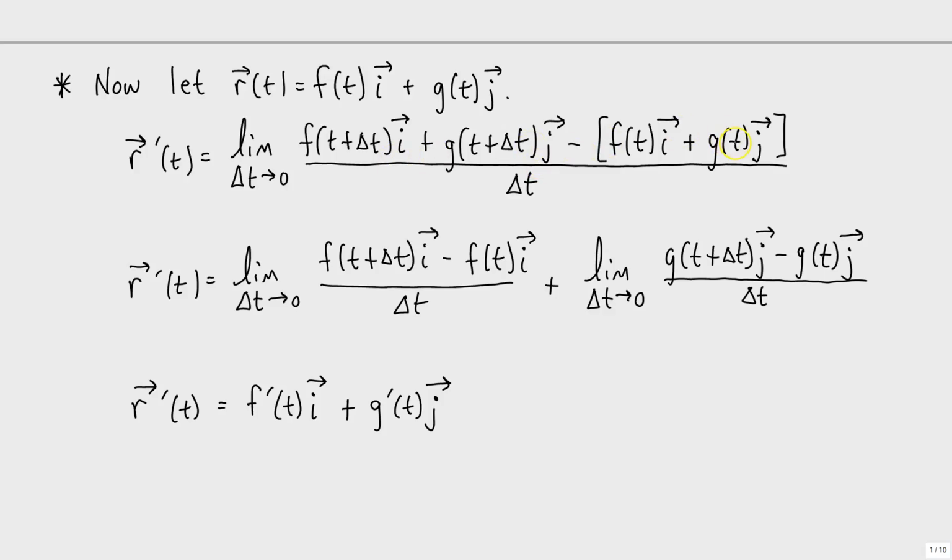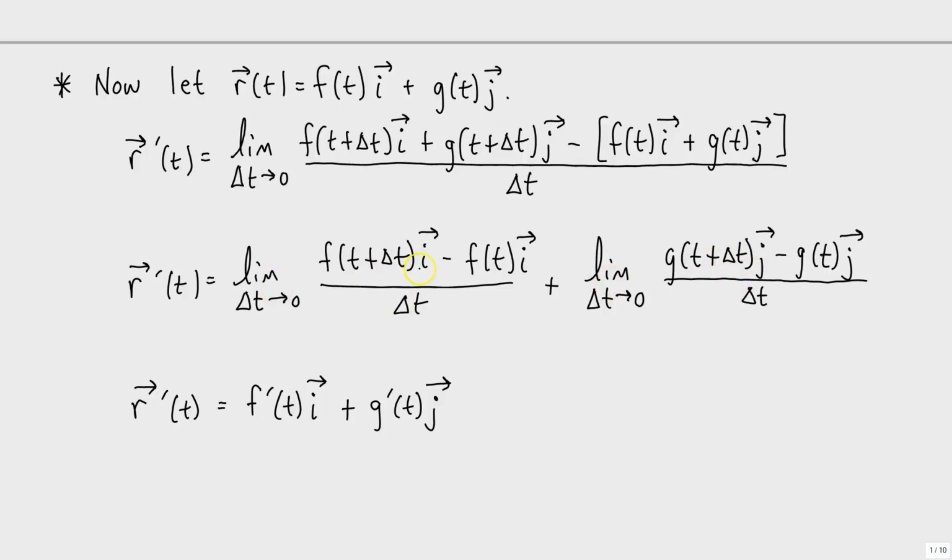Well, if you distribute this negative and use the commutative property, we can rearrange it to where we have f evaluated at t plus delta t minus f of t all over delta t, plus g evaluated at t plus delta t minus g of t all divided by delta t. And using our limit laws, we can do the limit of this expression plus the limit of this expression.